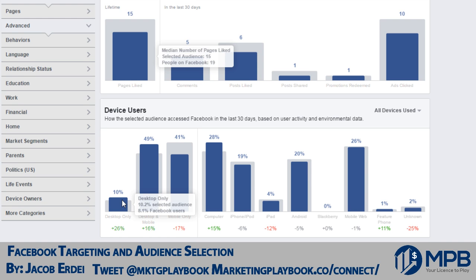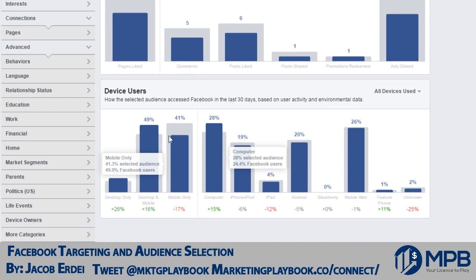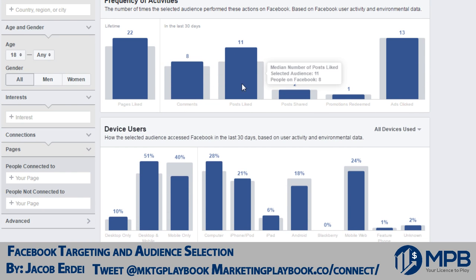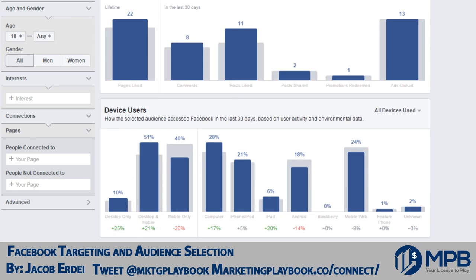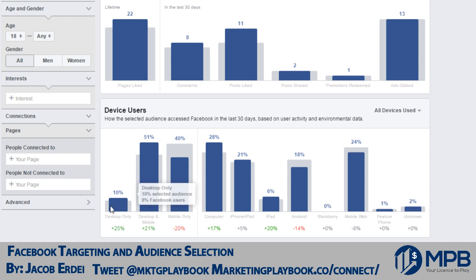They do not use desktop and mobile, just desktop. And then 41% just use mobile, and then we have 49% which are desktop and mobile, which correlates to most people out there. So this is St. Paul, and then if we go over to White Bear Lake, we're going to see that the demographics there are fairly similar. We have 51% compared to 49% for desktop and mobile, and then about the same here.